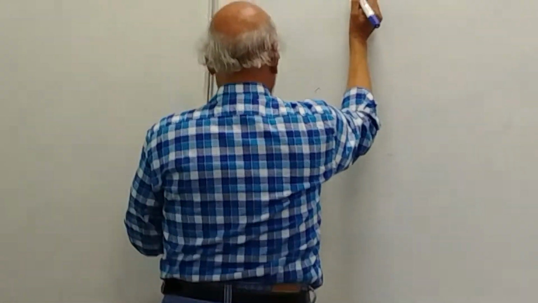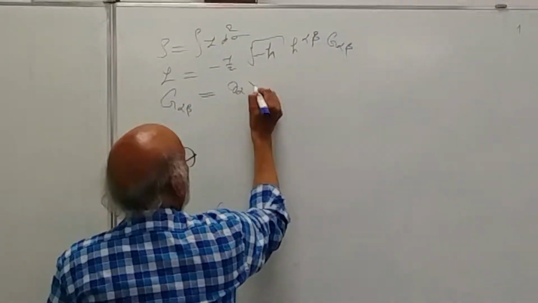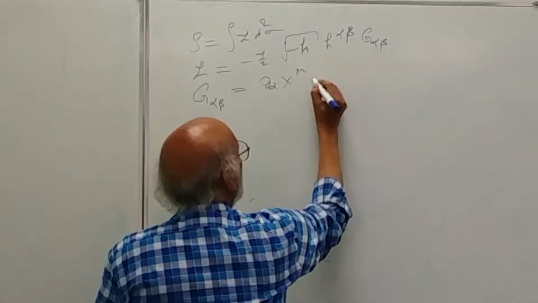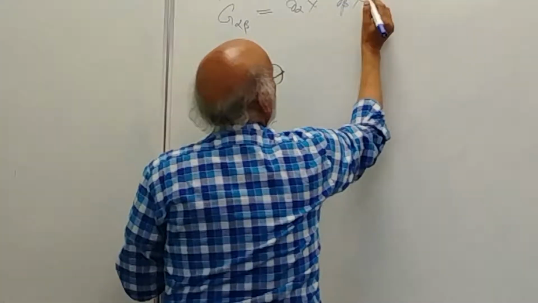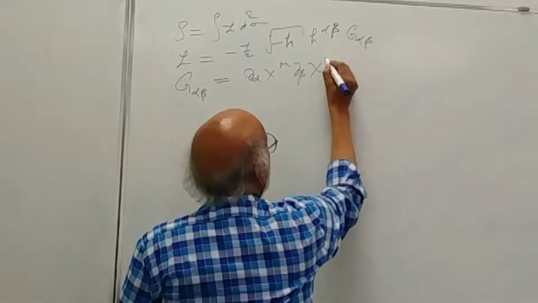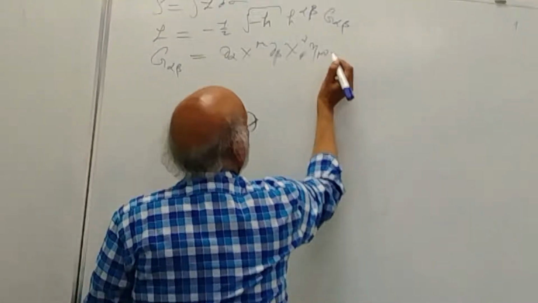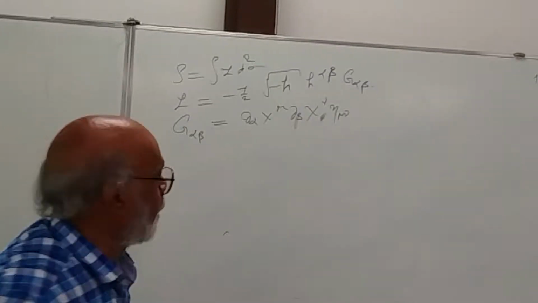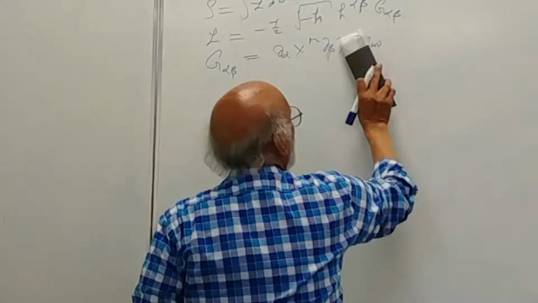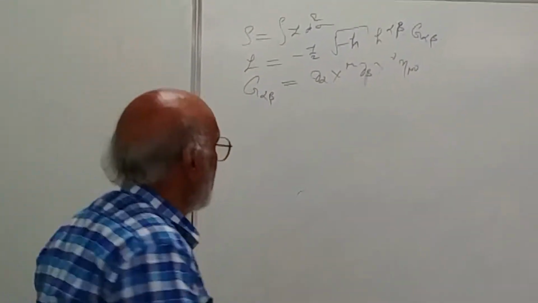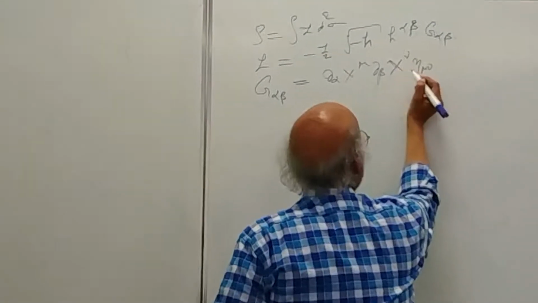This is defined as del_alpha X^mu del_beta X^nu eta_{mu nu}. Now there are two things.